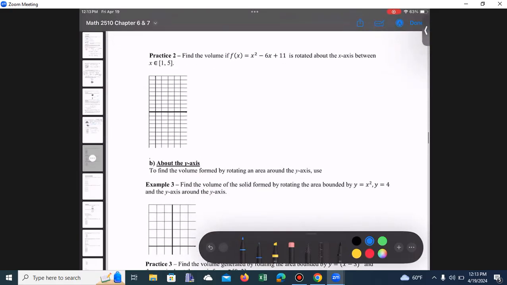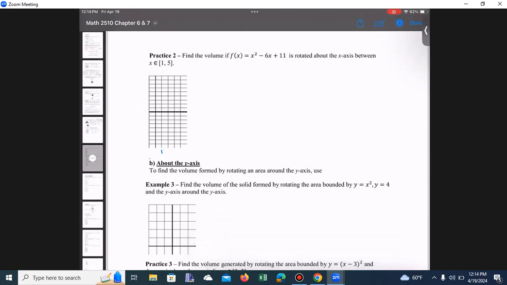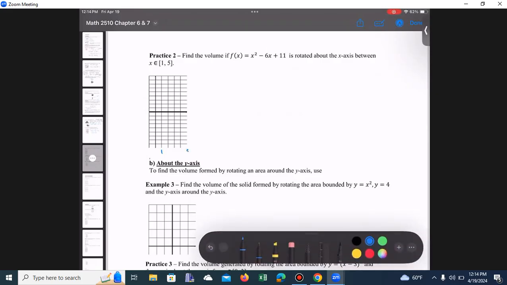Alright, so now we want to find the volume of the function x squared minus 6x plus 11, rotated around the x-axis between 1 and 5. The way this looks is, if we plug in 1, we get 1 minus 6, which is negative 5, plus 11, which is 6.